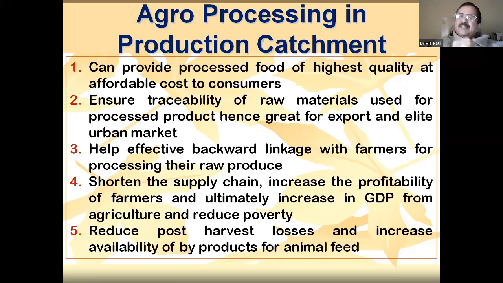If you look at wheat, only that upper portion where there are seeds, you harvest it and eat it. And when you process it, 70 to 80% of the processed product is edible, and 15 to 20% is a byproduct.